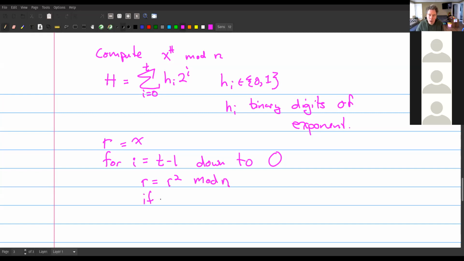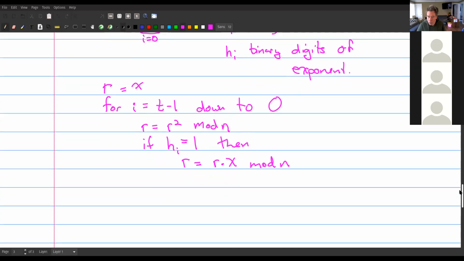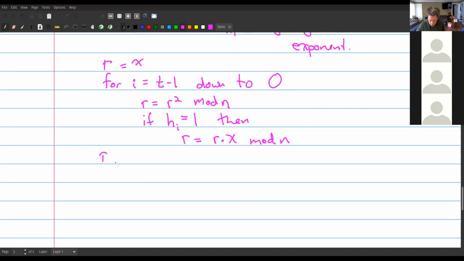But if the current digit of the exponent is 1, then we additionally do a multiplication: r equals r times h. Oh, sorry, it's not times h, it's times x. There's an error in my notes. Mod n. And that's it. Then return r.